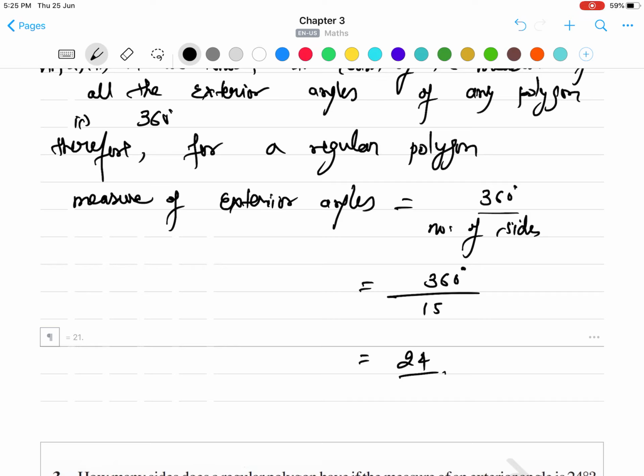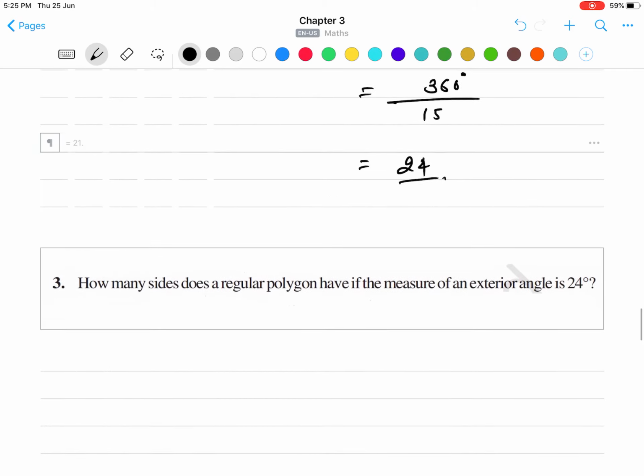Hence the exterior angle here is 24 degrees. Okay, so that's the solution of question number 2 of exercise 3.2.